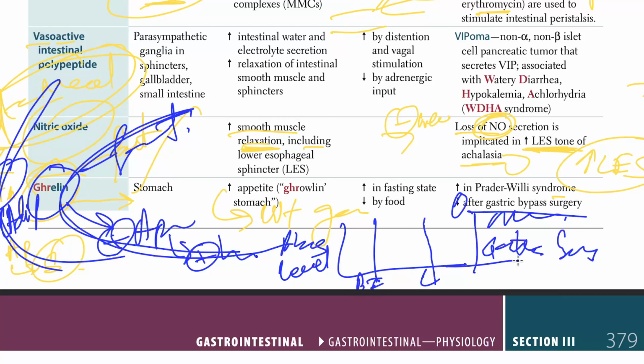So remember, the ghrelin is coming only in the fasting state. So as soon as you have your food, no matter which food you are taking, it's going to go down after that. There's a peak. We are talking about ghrelin here.